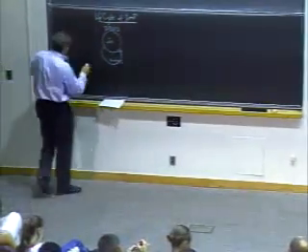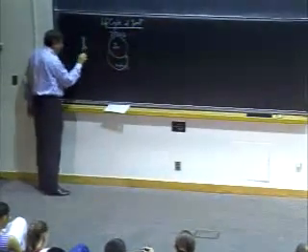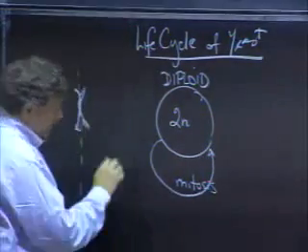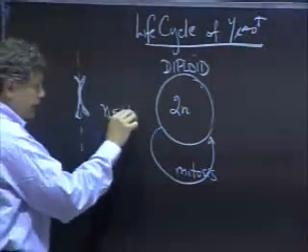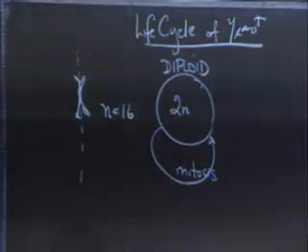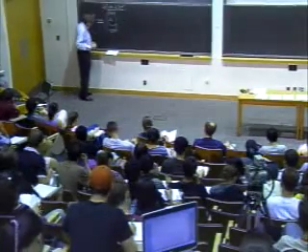They've already pre-replicated so that they'll be ready to divide up and give one to each daughter cell. And there you go. N for yeast is 16. Yeast happens to have 16 pairs of chromosomes. Peas had 7. Humans have 23 pairs. Every organism has its own. Yeast is 16.